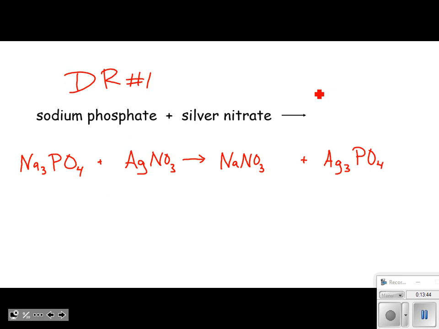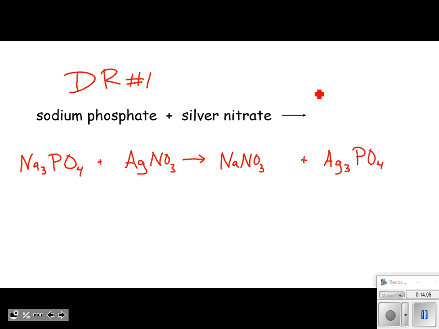Silver is a 1 plus. Phosphate is a 3 minus. So now I've got my possible products. I need to determine the solubility of both of those possible products.